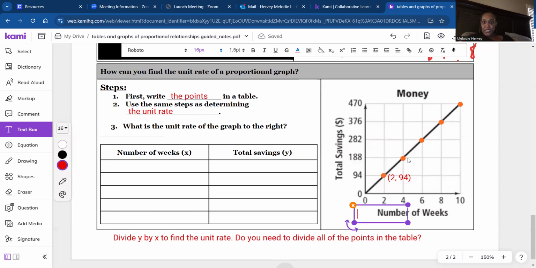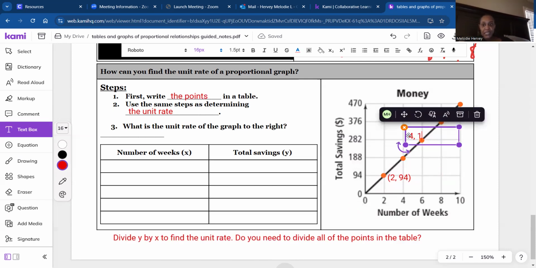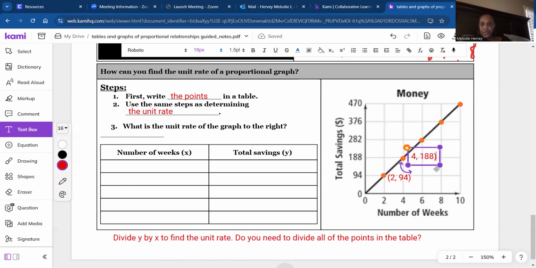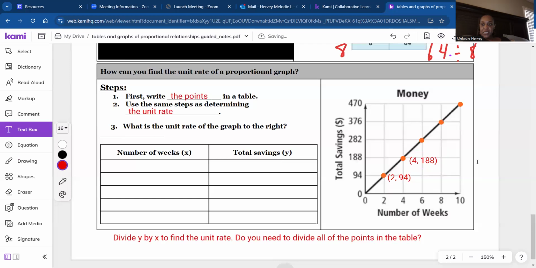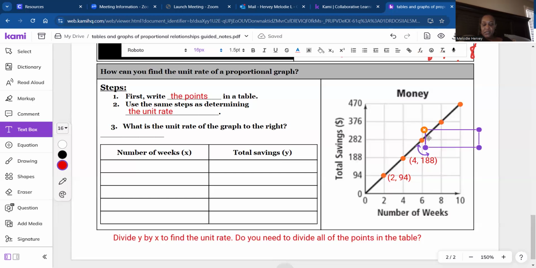This next one is at (4, 188). And it's right there in some kind of way. That parenthesis disappeared. All right, this next one is at (6, 282).